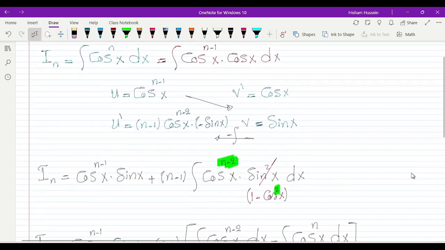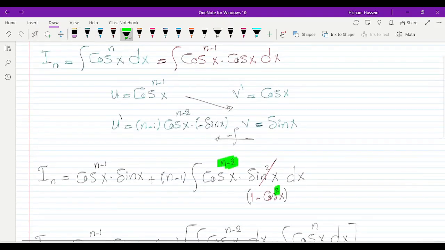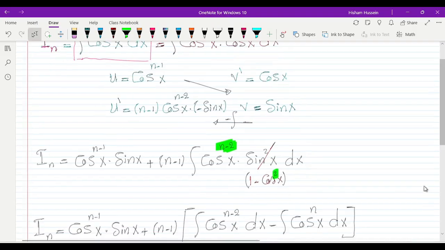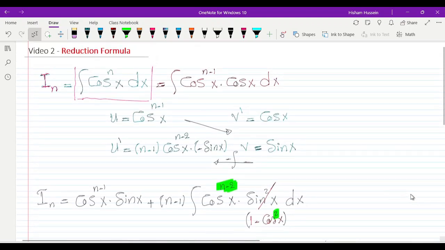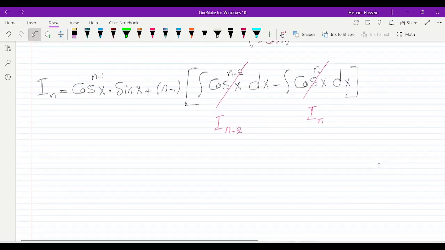Now looking at the main form of the integral, which is cosine to the power n, we replaced it by I n. So we can do the same here by replacing this cosine to the power n by I n, and consequently this cosine to the power n minus 2, we can replace it by I n minus 2. As we know that the target is evaluating I n, so we solve for I n.